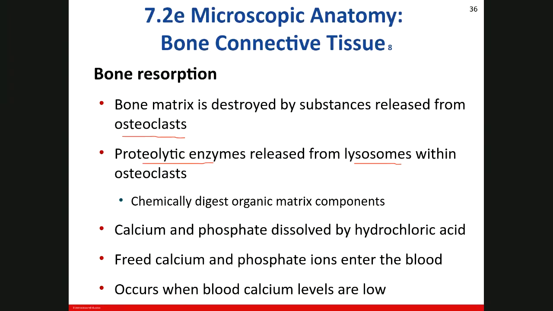And also we have a release of HCl or hydrochloric acid. The hydrochloric acid can dissolve the mineral part of the matrix. So the organic part is broken down by proteolytic enzymes, and hydrochloric acid dissolves the inorganic part. And then the calcium and phosphate become free and enter the bloodstream. Bone resorption may occur when blood calcium levels are low.